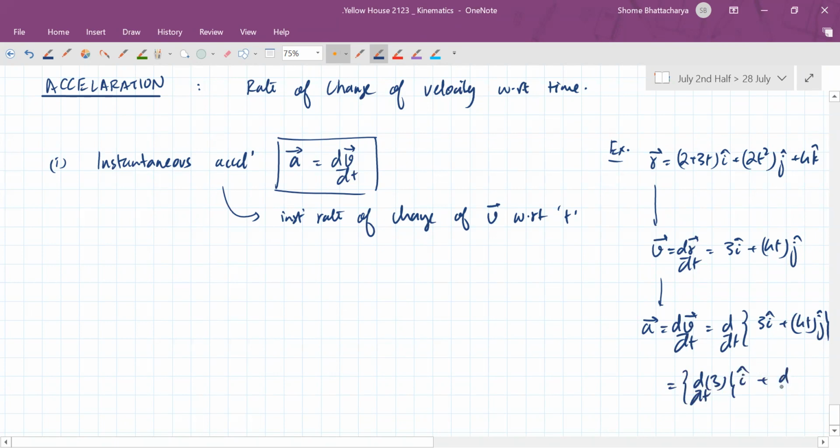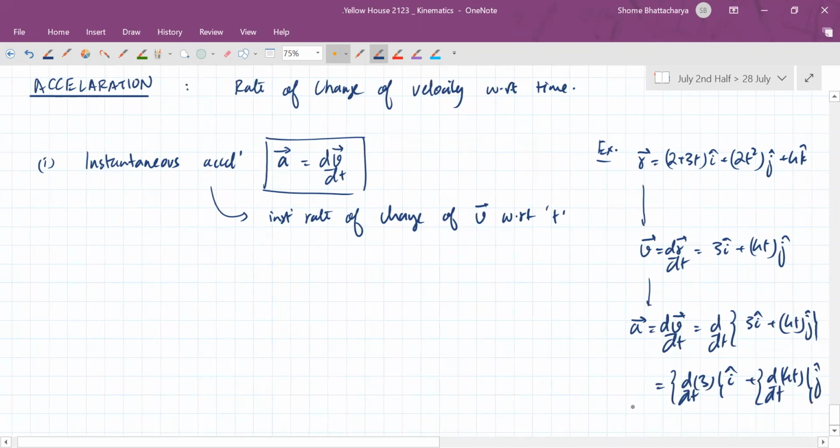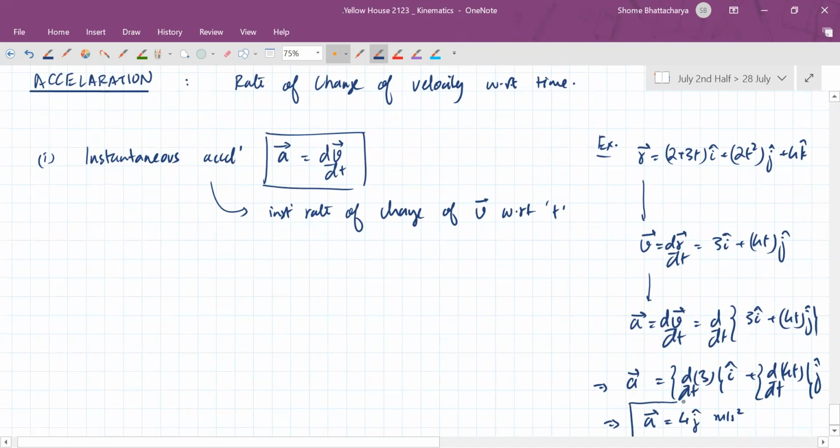The second term is linear in time, so it will have a non-zero but constant y component of acceleration. So in this particular case, the acceleration would be 4 j cap in meters per second square, because this was the velocity in meters per second.